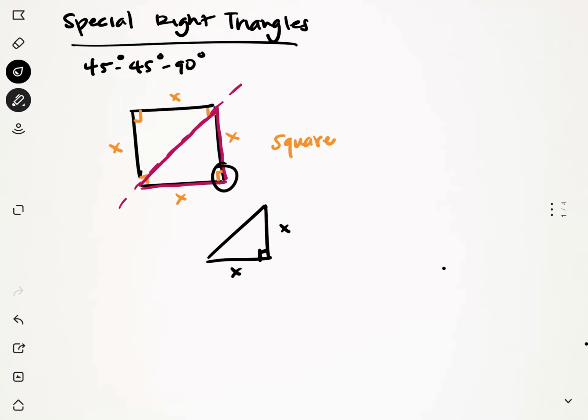We also know that these are both the same length. Each of the shorter sides of our right triangle are x. Now, what we're trying to do is find how long the hypotenuse of this triangle is. And remember, the hypotenuse is always across from the right angle for any right triangle. It's going to be the longest side.